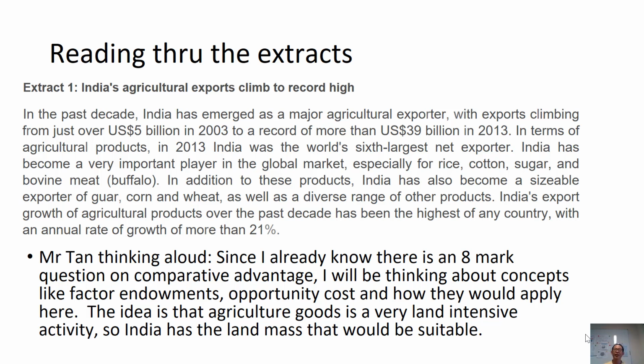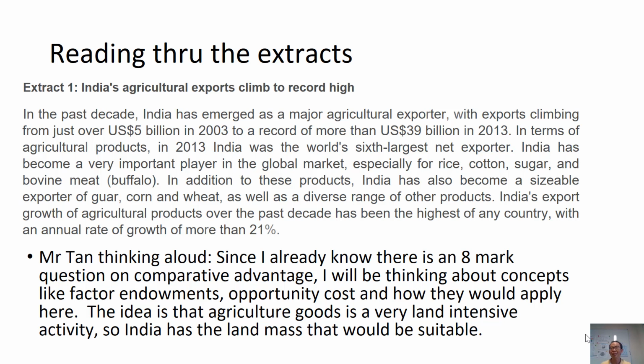So in my brain, I will recall what I've been taught in class by my teachers, that comparative advantage is based on opportunity cost, and opportunity cost is linked to things like factor endowment. Once I know that, when I read extract one, I want to think about how India can have a comparative advantage in agriculture goods.